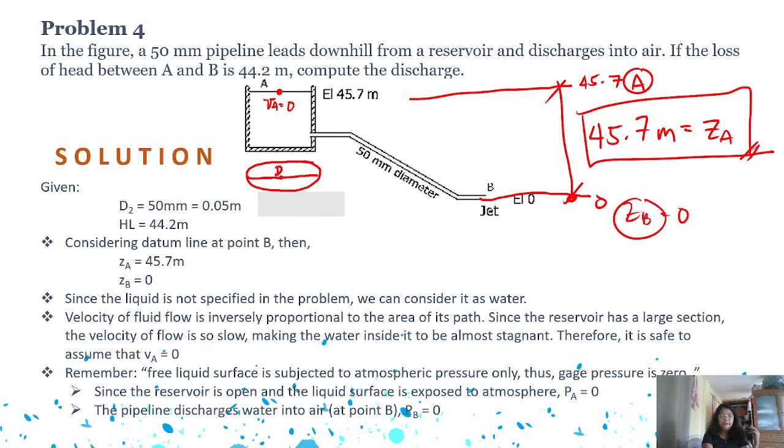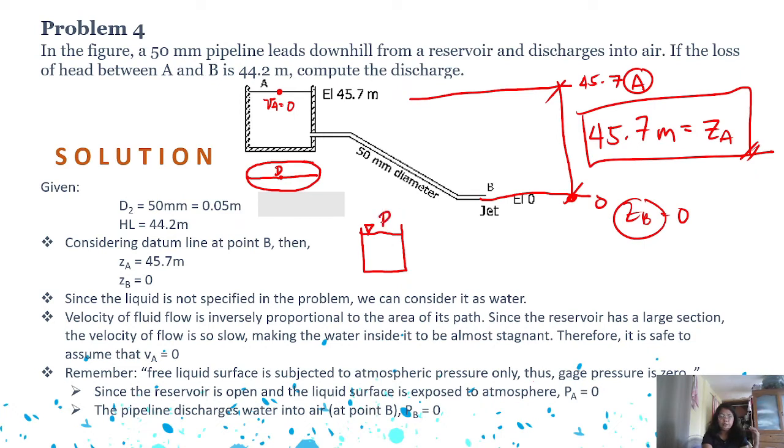Remember, free liquid surface is subjected to atmospheric pressure only. Thus, gauge pressure is 0. Since the reservoir is open and the liquid surface is exposed to atmosphere, we can say that PA is equal to 0. Diba? Natandaan nyo sa prelim. So, kapag nag-a-assume tayo ng pressure, kung ito is free surface, meaning hindi siya kulob, hindi siya exposed sa kung ano man.